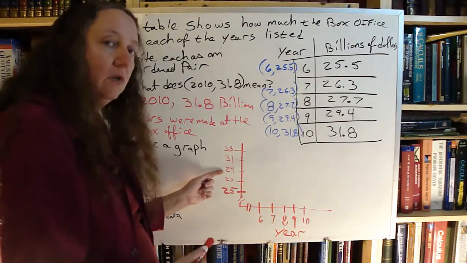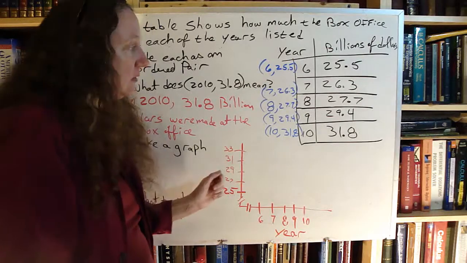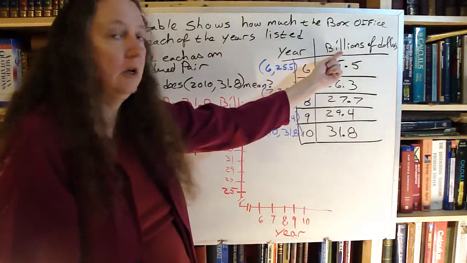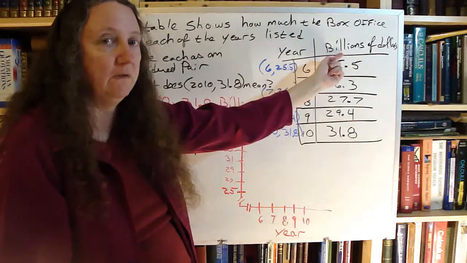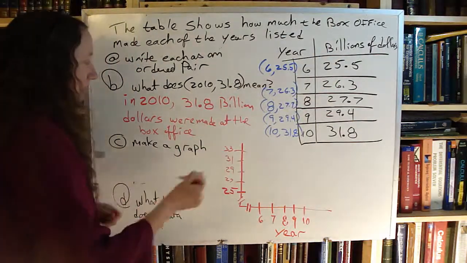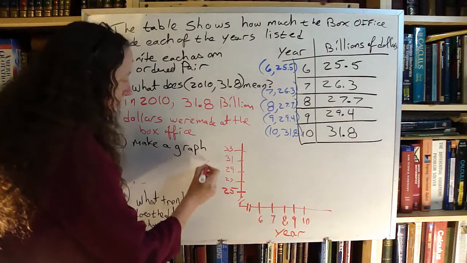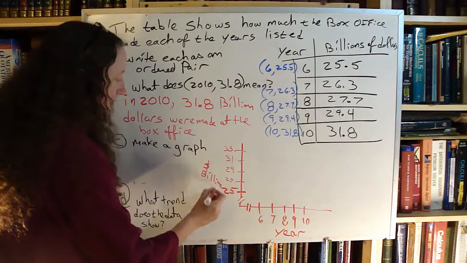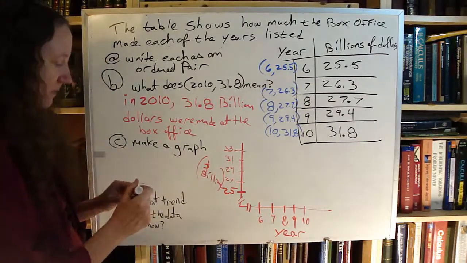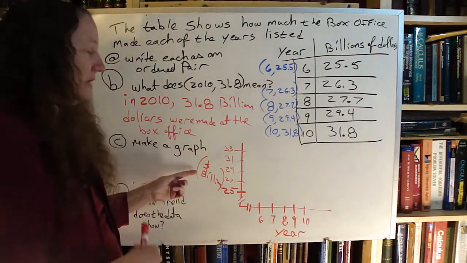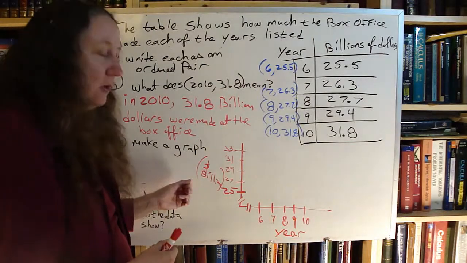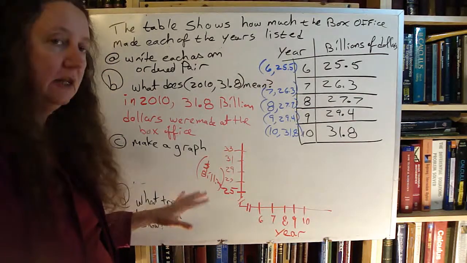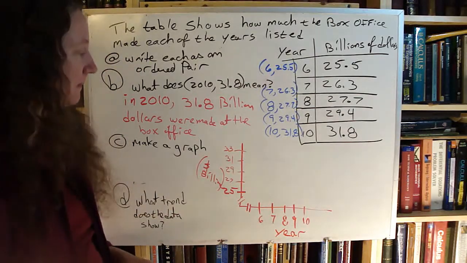What does 29 represent? Billions of dollars that the box office made. So I put my dollar sign to say that this is money, and I said billions to say that these are counting by billions. That's the minimum that you need to include there.